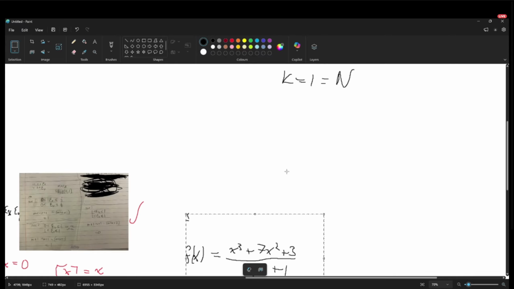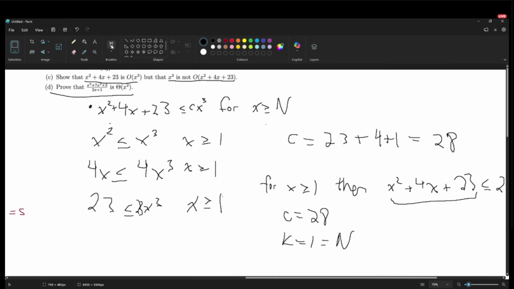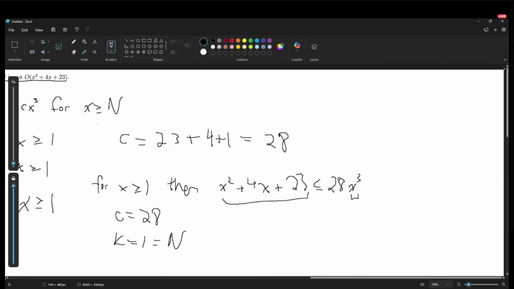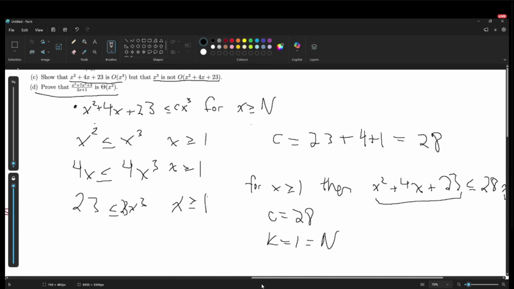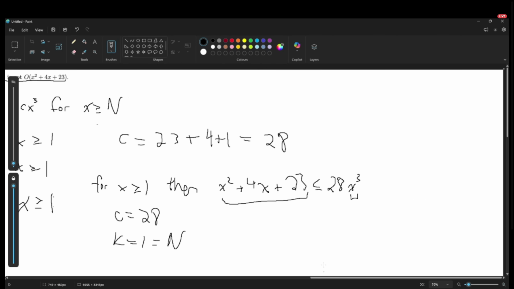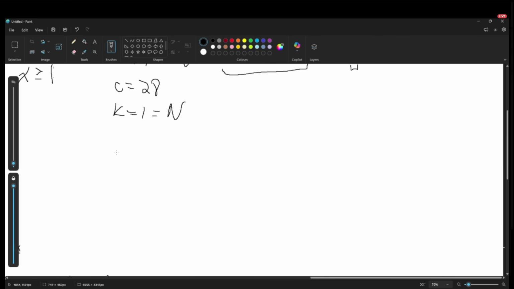So to prove the counterexample, to show that it's not in big O of x squared, you have to show that whatever c value you use will always go out of bounds, right? So proof by contradiction works here.